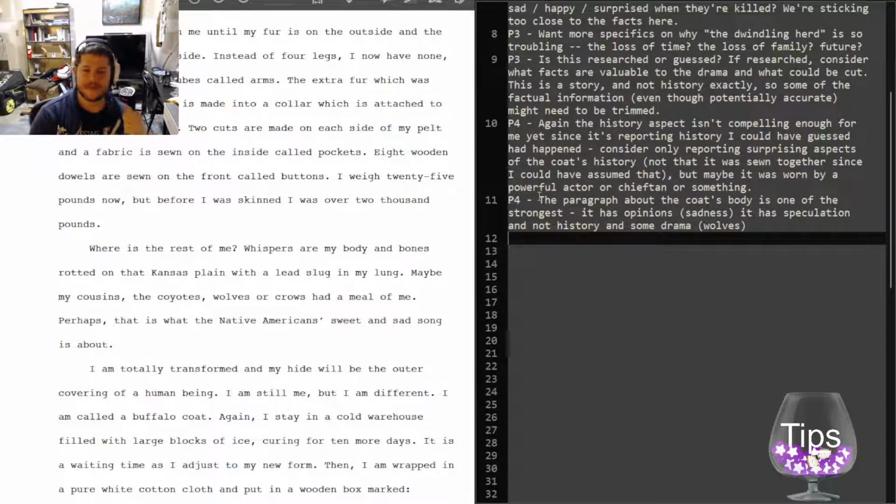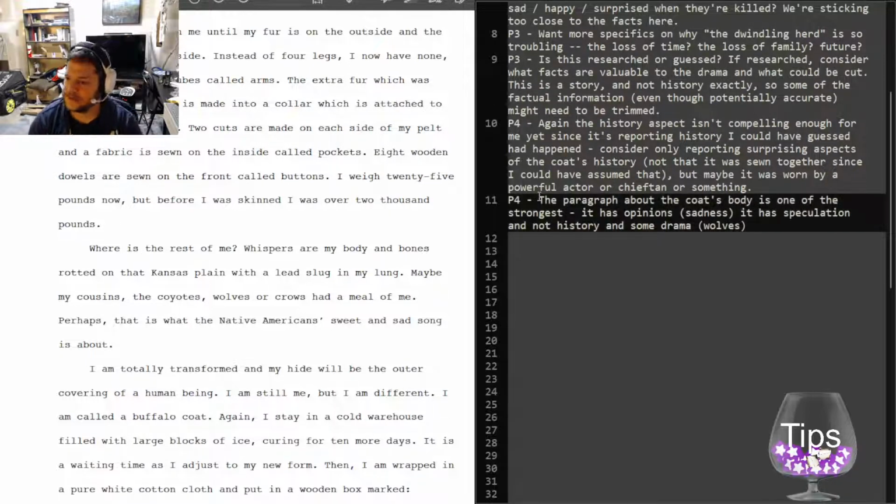I would really look at developing that and saying, how can I take the portions of this paragraph that are really working and spread it across my writing, and ask what are the tools and devices I'm using in this paragraph that make it one of the most effective ones I've read so far, at least for me? Some metaphorical language, some reference to the world that this creature knew.